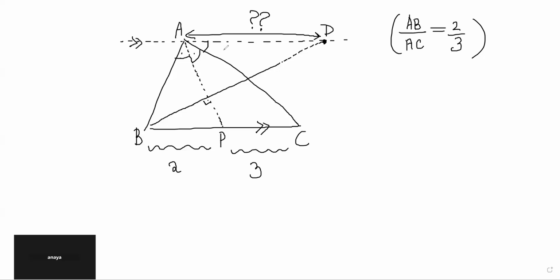We can say this angle is equal to this angle, and we already know these angles are equal. So the triangles are clearly similar. Let's call this point E. The triangle AED is similar to BEC.